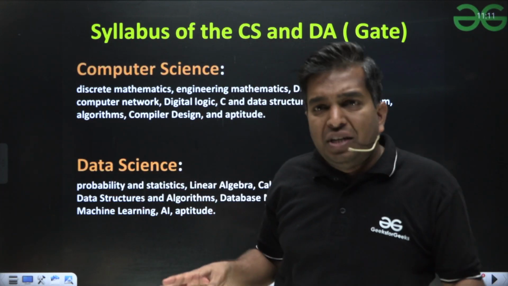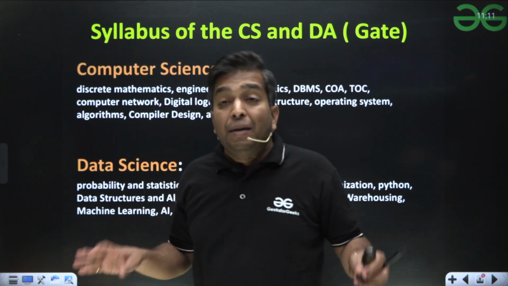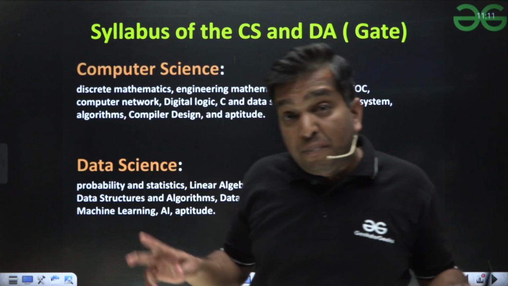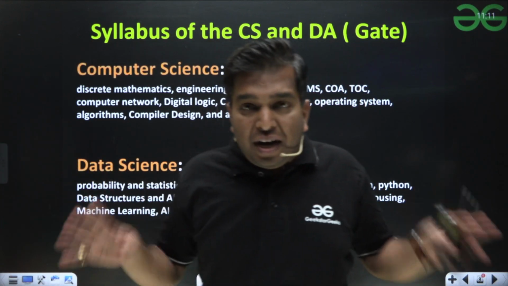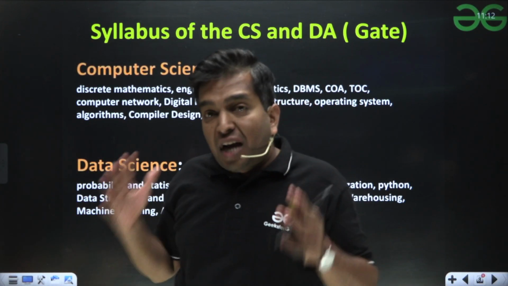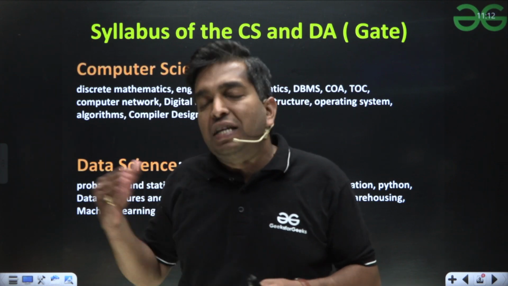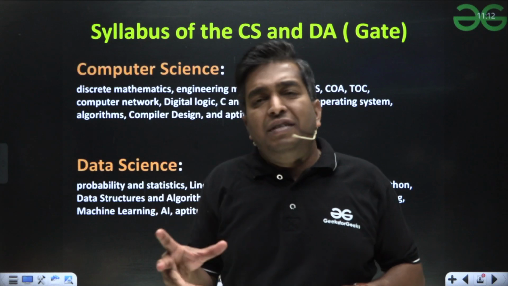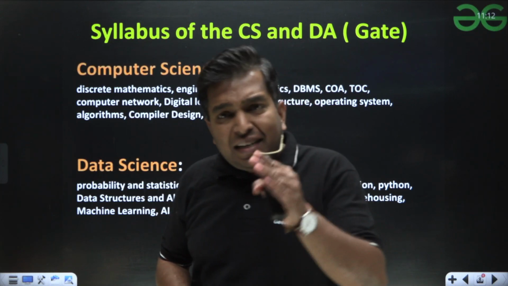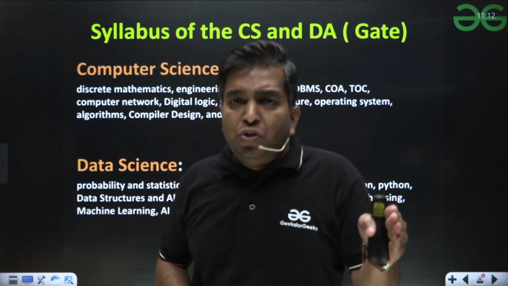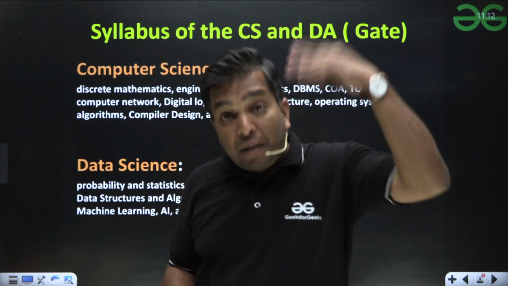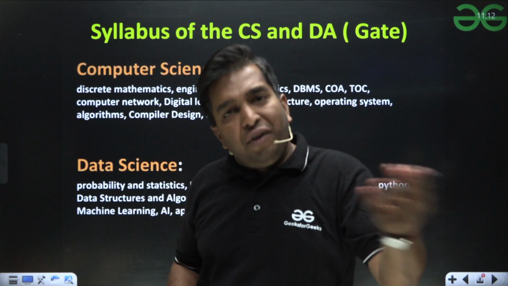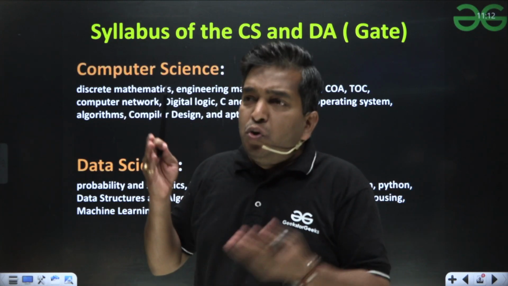And being a computer engineer, I suggest to all of you, please give both papers. If you are preparing for the GATE examination, if you are a GATE aspirant, then try for both papers, because most of the syllabus is common and there is a little bit of different syllabus, but that different syllabus is used in your IT field for upcoming years, and DA for interdisciplinary branches also. So you have dual options.